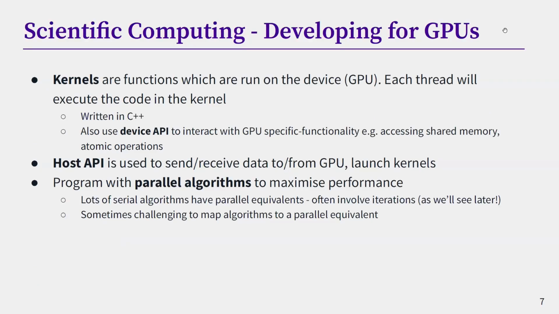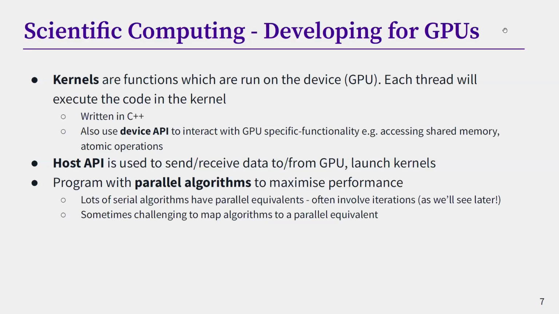When we're developing for GPUs, if you're coming from a serial background, there are a couple of different things we have to think about. We have to think about how we transfer data between the host machine and the device. We have to think about how our function is going to be executed. We don't want to be doing things one per data item over and over.